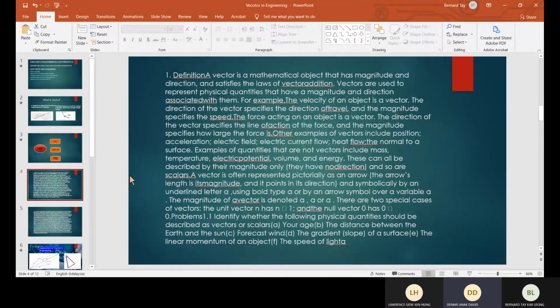The force acting on an object is a vector. The direction of the vector specifies the line of action of the force, and the magnitude specifies how large the force is. Other examples of vectors include position, acceleration, electric field, electric current flow, heat flow, and the normal to a surface.